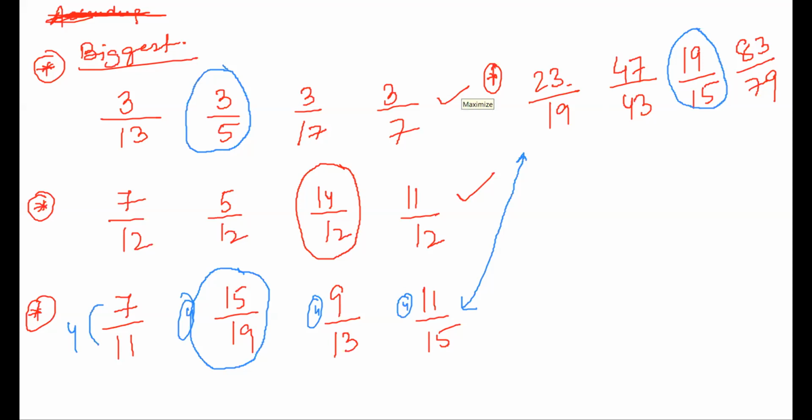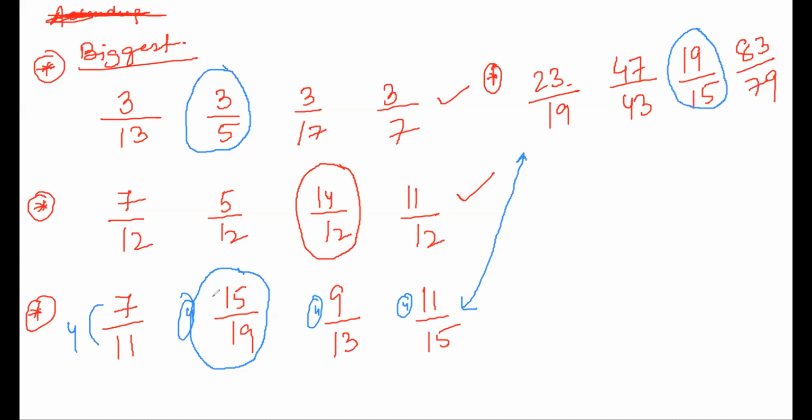In the first scenario that I took, the denominator was bigger. In the third and fourth, the numerator is bigger. So if the numerator is bigger and the same gap applies, then your answer becomes opposite: the smaller the number, the bigger is the fraction.